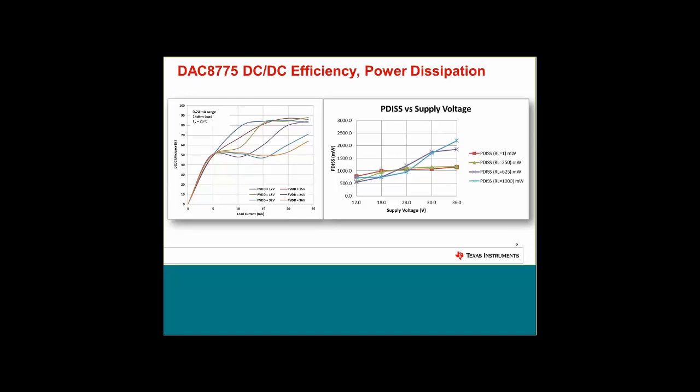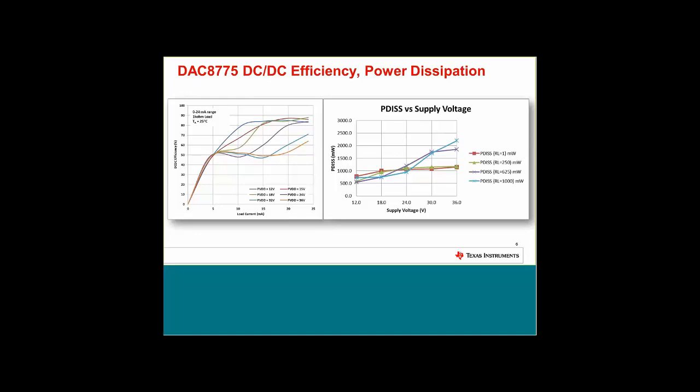So at a first level, on the left side, you can see this topmost blue curve, which represents a 12-volt PVDD. It looks pretty nice from an efficiency standpoint. It gets to above 80% efficiency for all output currents above 10 milliamps or so, and it looks okay for currents below 10 milliamps.